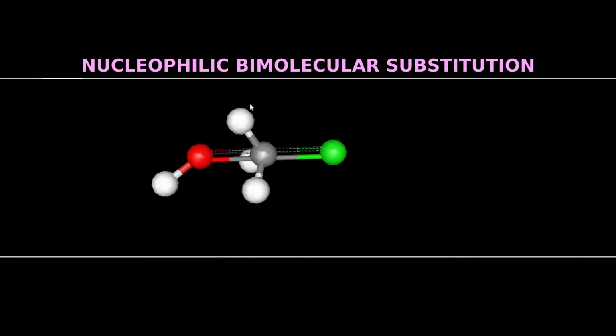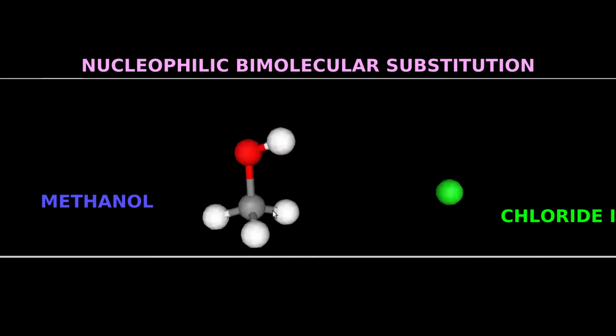This transition state is not stable and cannot be separated from the reaction mixture. As soon as this transition state forms, the chloride leaves and methanol is formed.